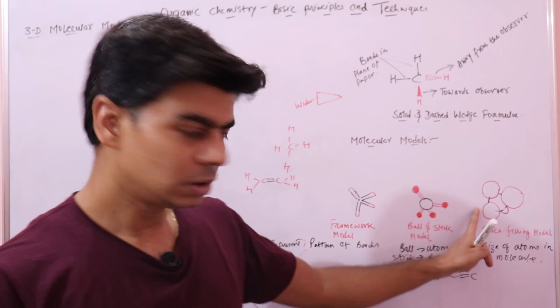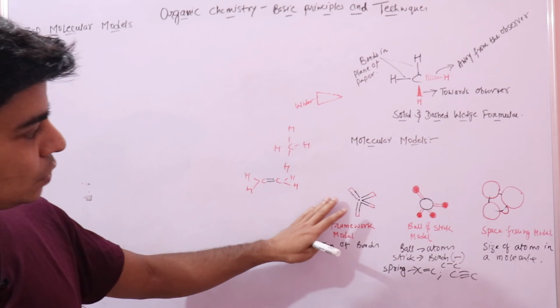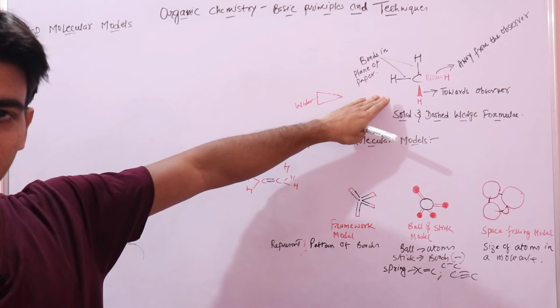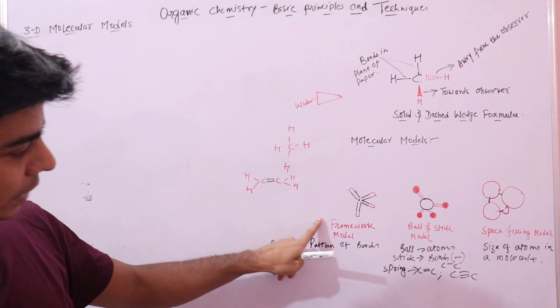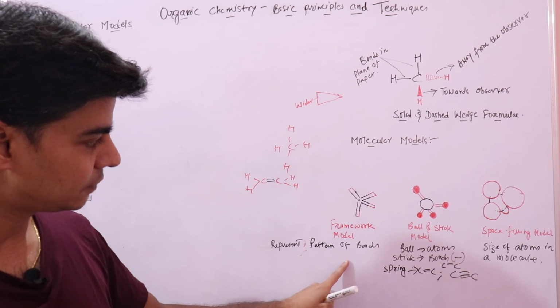So these are the three models used to represent three-dimensional molecules. One is used to study the pattern of bonds, which is the framework model.